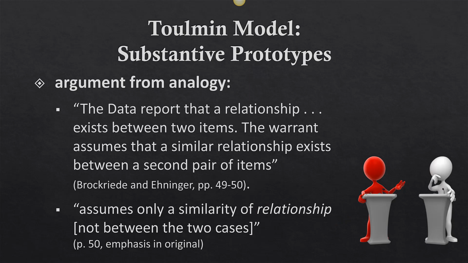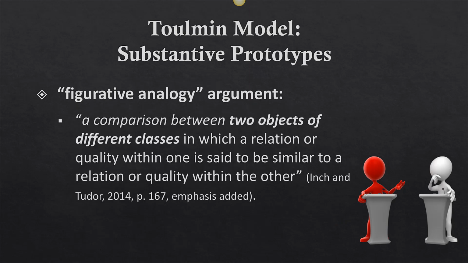Now, this can feel a little opaque. So Inch and Tudor's definition of a figurative analogy gets a little bit more concrete. What we have is a comparison between two objects of different classes in which a relation or quality within one is said to be similar to a relation or quality within the other. Okay, so this tells us a little bit more. We know that the comparison that we're making involves things that don't belong to the same class.